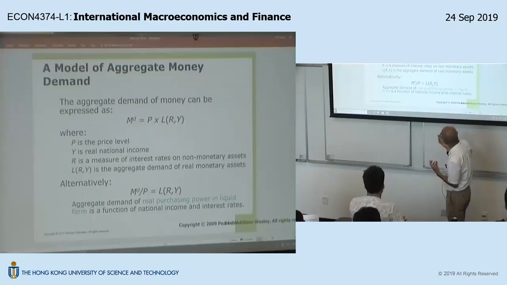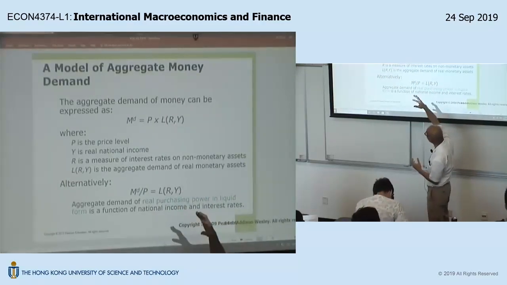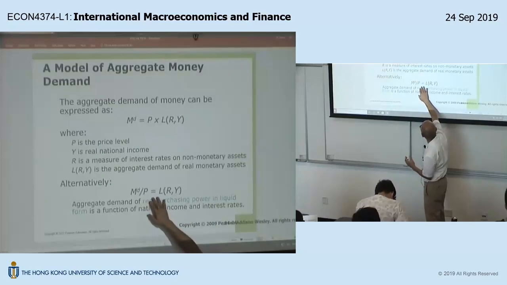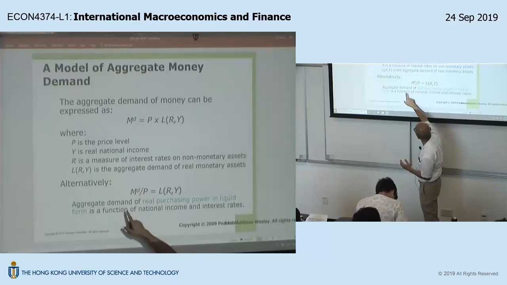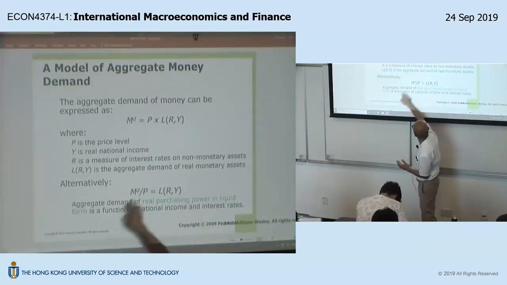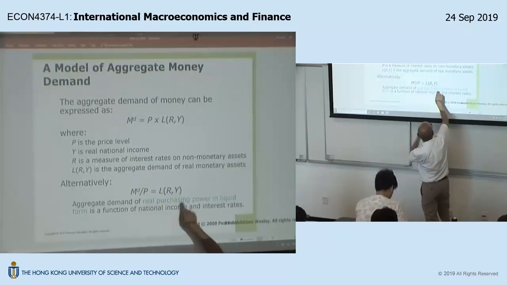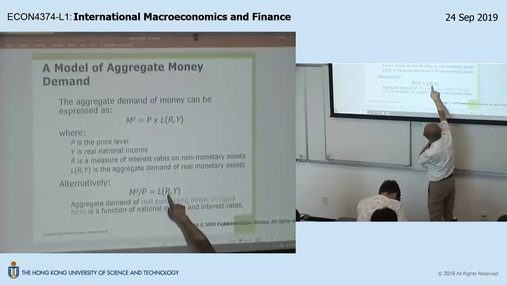The way we write this money demand function with the P outside allows us to rewrite the function this way, where the left-hand side is the aggregate demand of real purchasing power in liquid form, a function of the national income and the nominal interest rate.